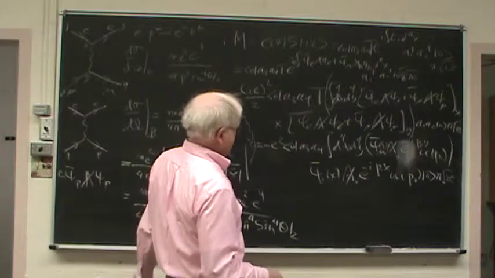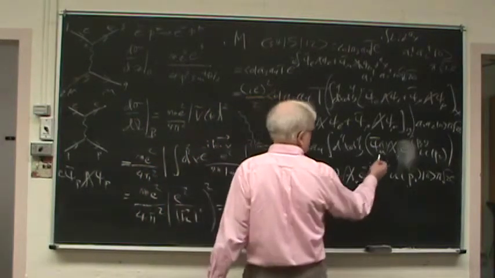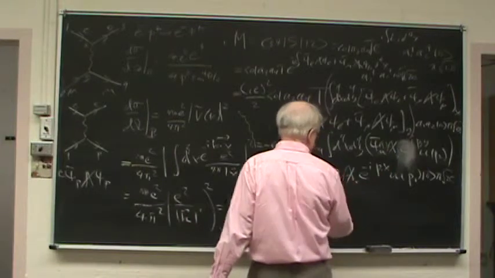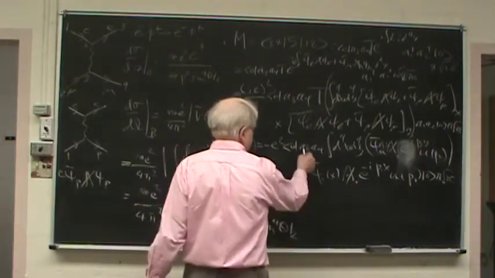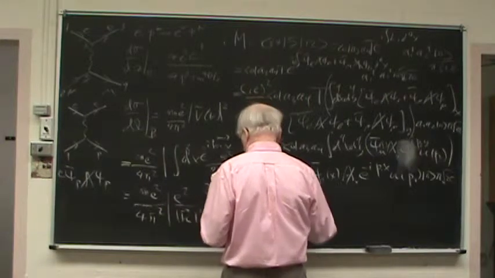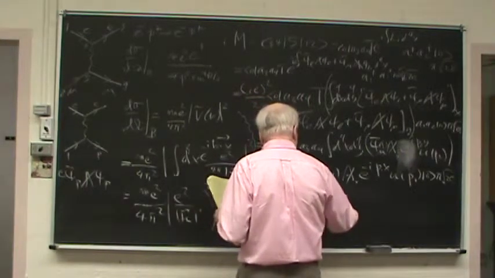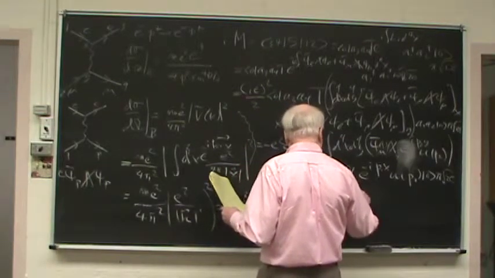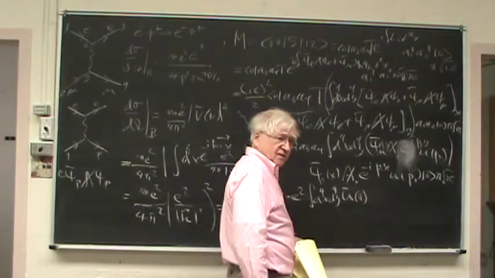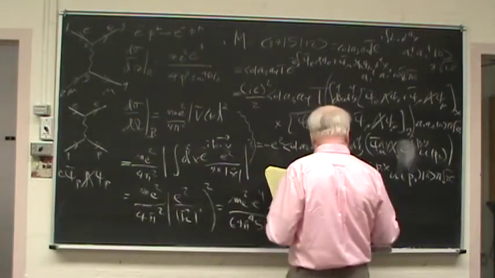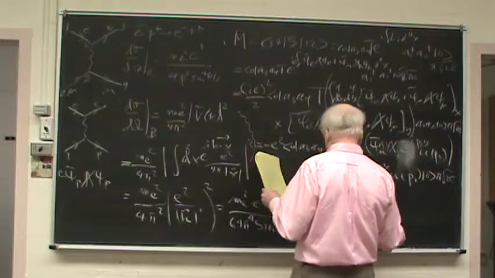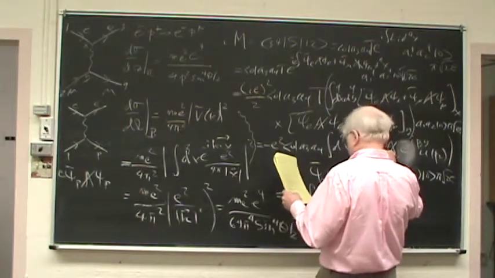Okay, well, you can see that what's going to happen now is that this one is going to start the outgoing muon at y, and this one is going to start the outgoing electron at x, and these will be absorbed, and so what we get at this point is minus e squared integral d4x d4y u bar. Just to make the notation a little more compact, I'm just going to say u bar 4, which means p4, s4, and so forth. Gamma mu, because this is gamma mu a mu, and actually it's this up here.